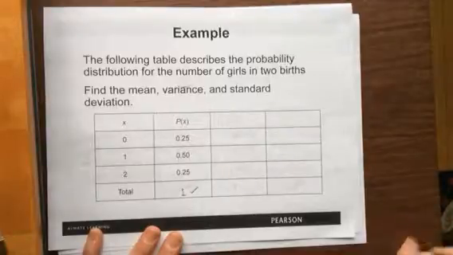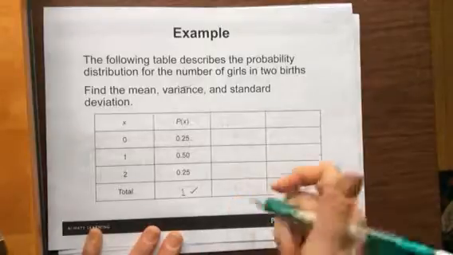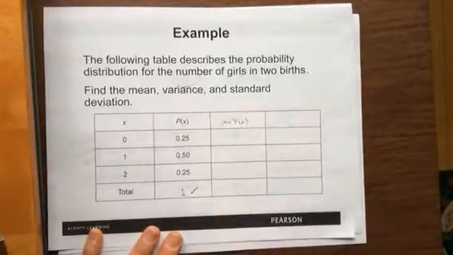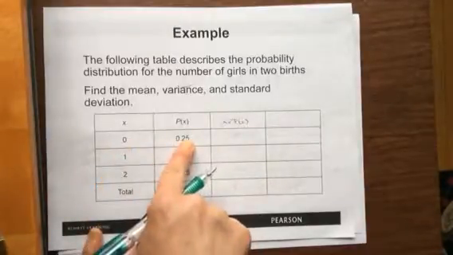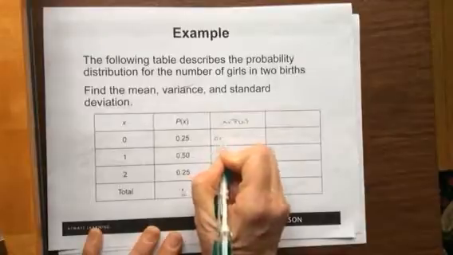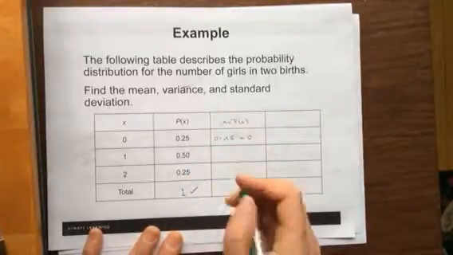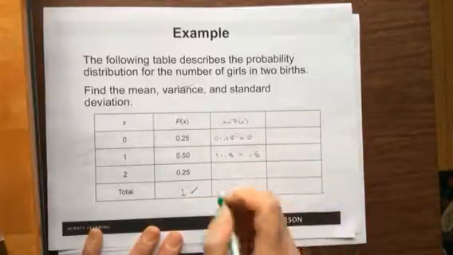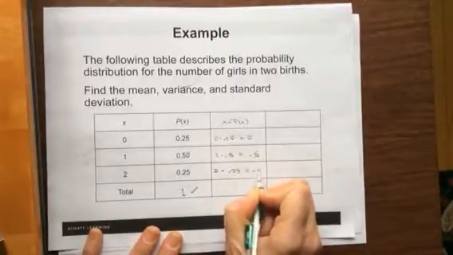So in order to get the mean, I'm going to create this column here that was x times p of x. So my x value, no girls, times the probability that's going to happen, and that's 0. 1 girl times the probability that's going to happen. 2 girls times the probability that's going to happen.